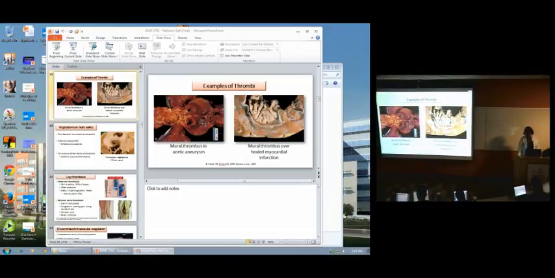So let's look at some examples of thrombi. This is a mural thrombus. Mural just means it's on the wall. So it's on the wall of the aorta. This is actually the heart that was being cut open, and you have the thrombus forming there.